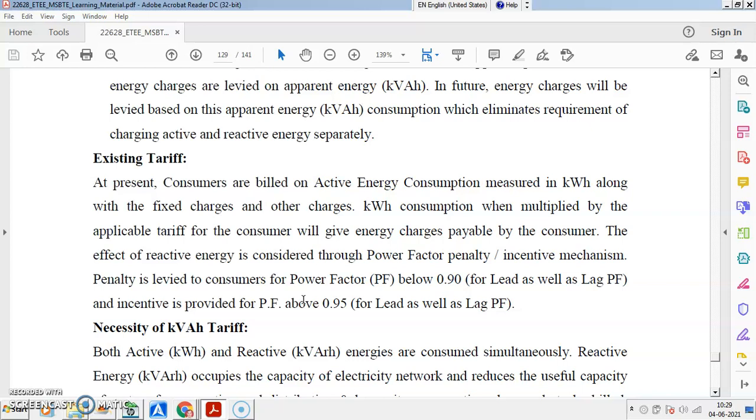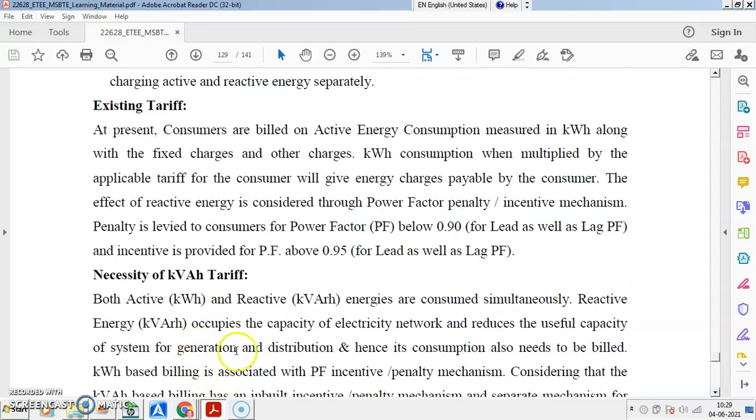So the effect of reactive energy is considered through power factor penalty, and an incentive mechanism is also decided. Suppose your power factor is below 0.9, then you have to pay a penalty, and if you maintain a power factor of more than 0.95, you will get an incentive for the power factor improvement. So that was the earlier provision that we have.